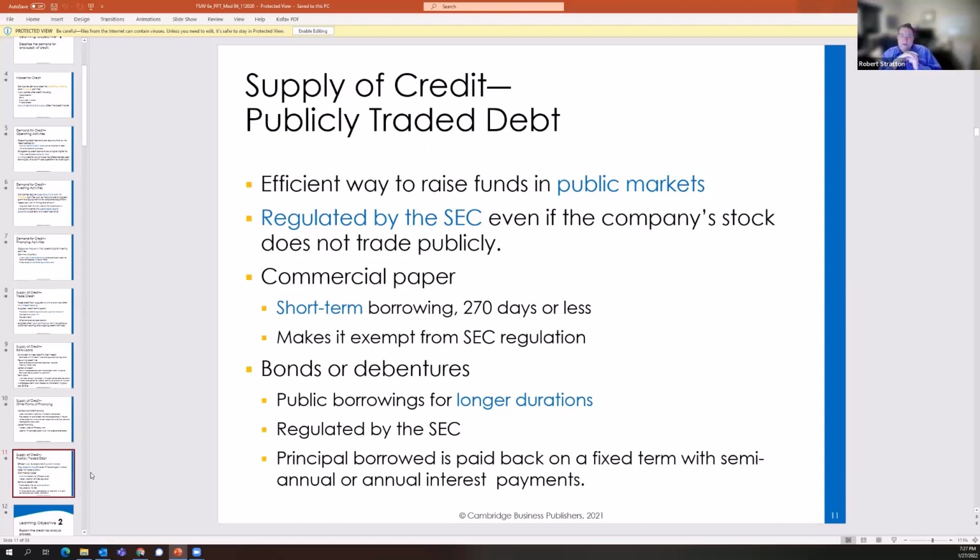And then you can also sell bonds, very common for government entities, but big companies will often sell bonds too. That's regulated by the SEC. You sell a bond with a repayment period of 10 years or 15 years or longer, with semi-annual or annual interest payments to the bondholders.